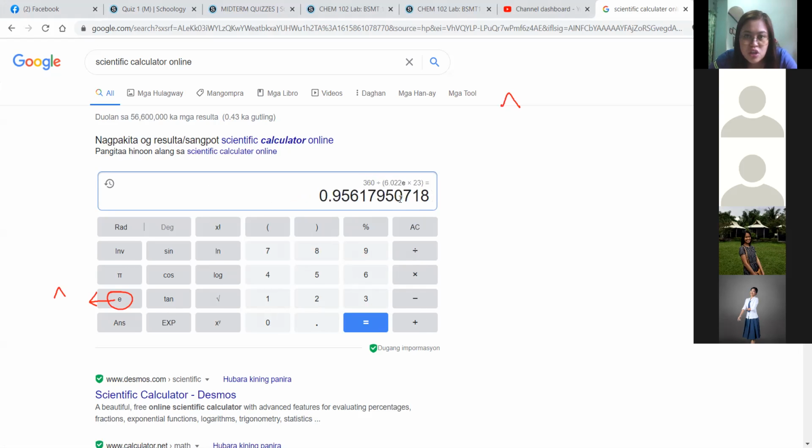Hindi ko kabaluan ng calculator sa online. 360 divided by 6.022 times 10. Yung exponent kay.